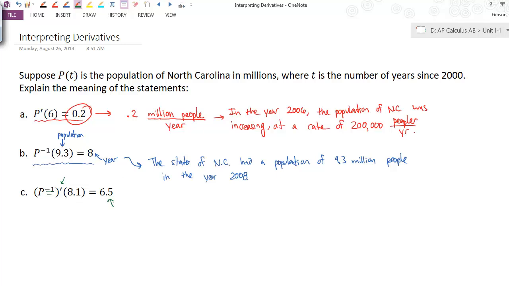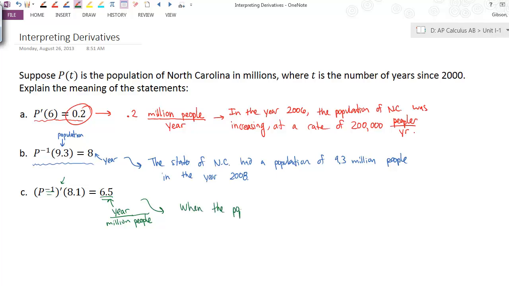So because this number 6.5 is talking about how many years it would take in order for there to be an increase of 1 million people in the state of North Carolina.